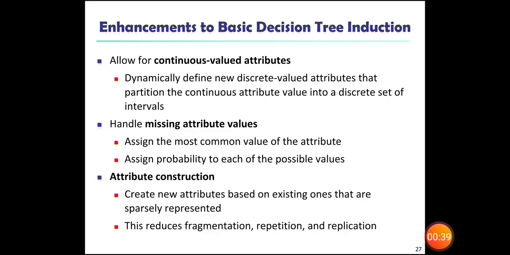In the first case, continuous valued attributes. When we process a large data set, there we have continuous valued attributes. The decision tree induction algorithm dynamically defines new discrete valued attributes that partition the continuous valued attribute values into a discrete set of intervals.